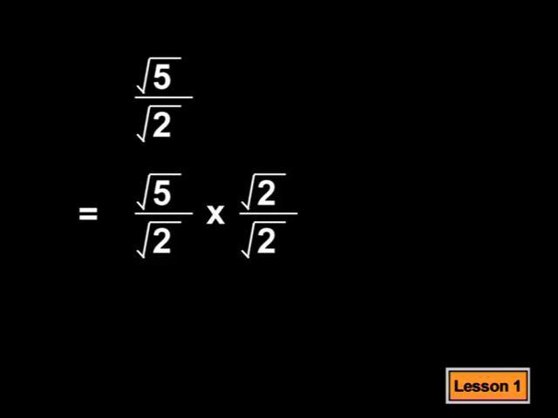I know that if I multiply a surd by itself, it gives me a rational number. So I'm going to multiply this fraction by root 2 over root 2, which is 1. And as such, doesn't change the value of the existing fraction. And if I now apply the first law, it gives me root 10 divided by 2. 2 is a rational number, so I've rationalized the denominator.